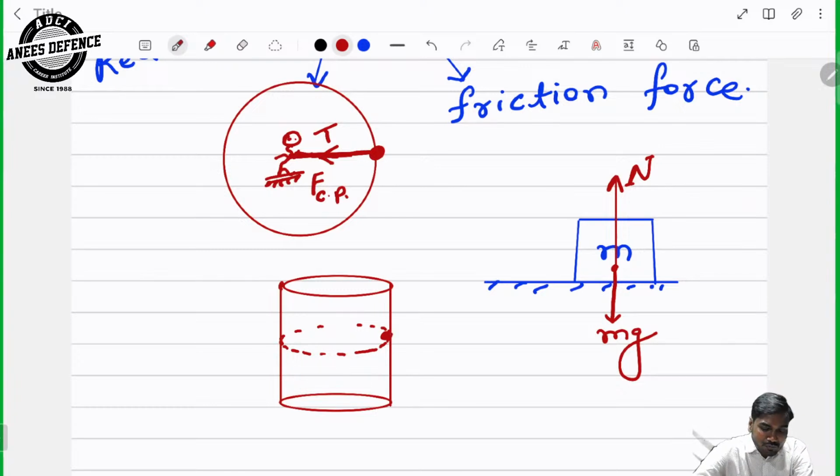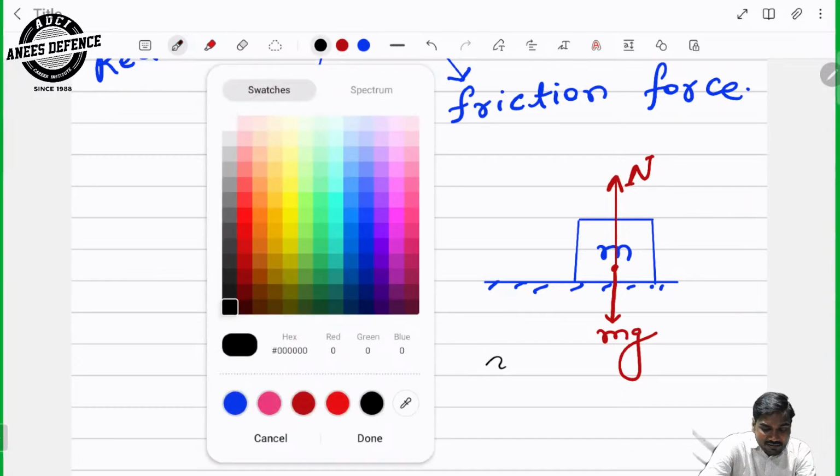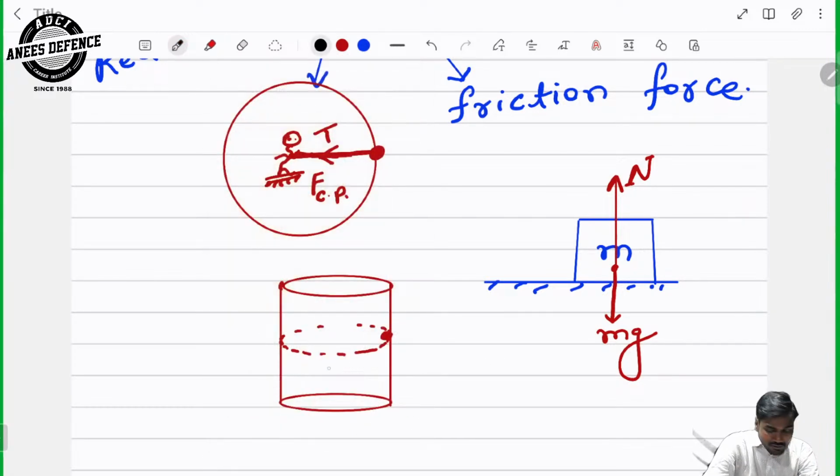Always normal reaction acts perpendicular to the surface. Here the surface is cylindrical, so perpendicular will be towards the center.